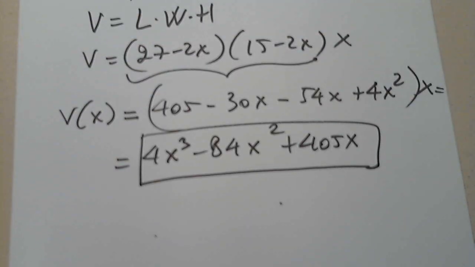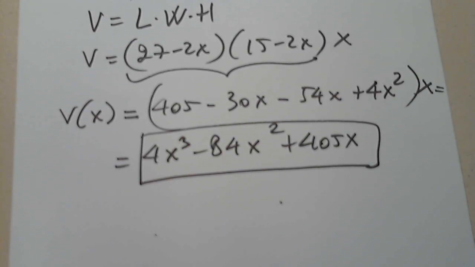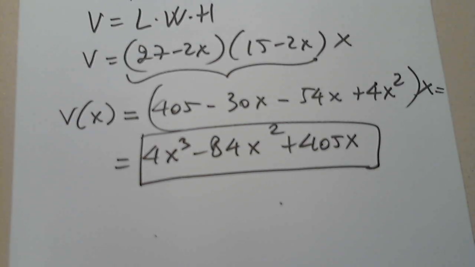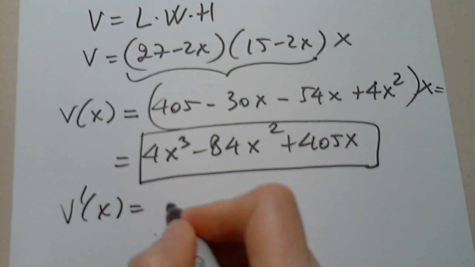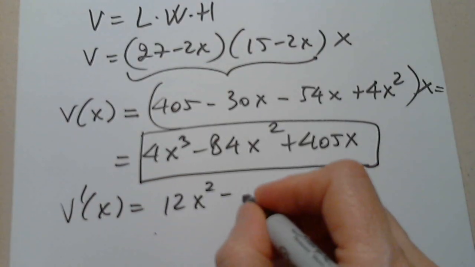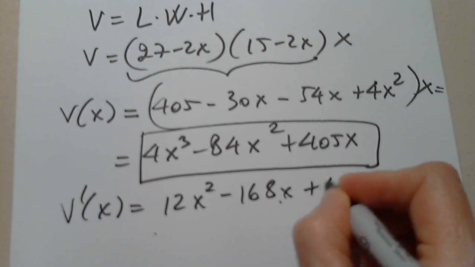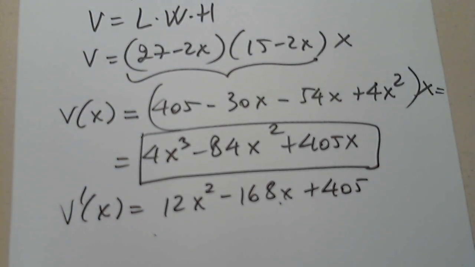Now I have to remember what I need to do in order to find the maximum or minimum of a function, the same procedure. What will be the next step? What do we need to do? The derivative? Yes. I have to find V prime, which is 12x squared minus 168x plus 405. Excellent.